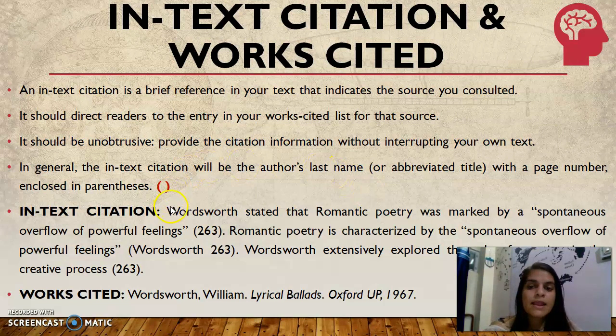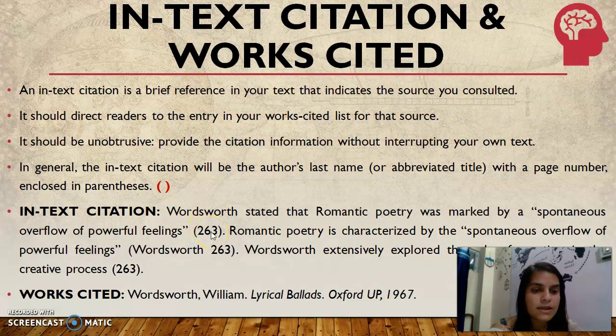So in in-text citation, whatever you're writing, you have to follow a proper procedure to cite. Now if you have taken a few words, for example, I read, Wordsworth stated that romantic poetry was marked by a spontaneous overflow of powerful feelings. These particular lines have been taken from Lyrical Ballads written by William Shakespeare, from page number 263.